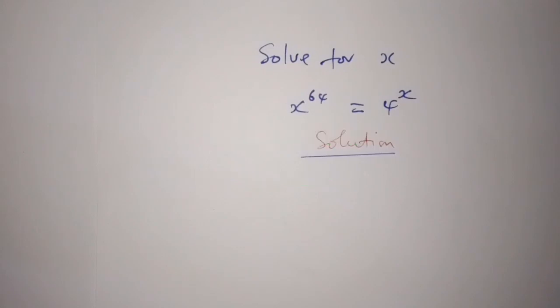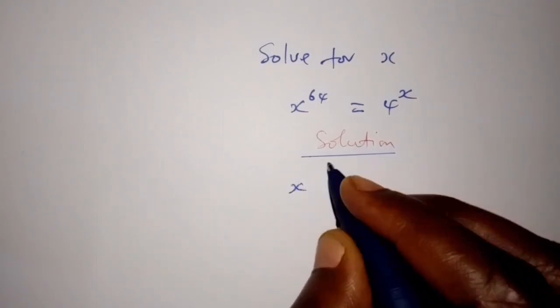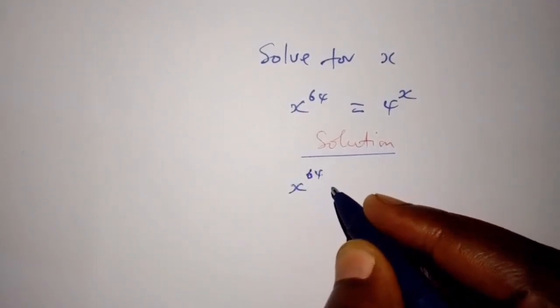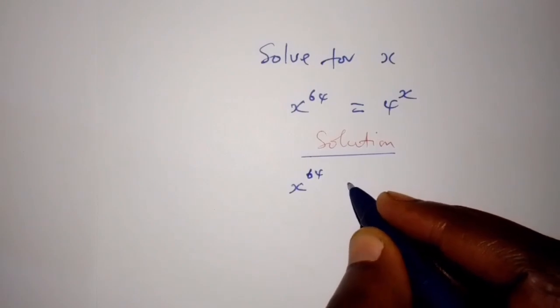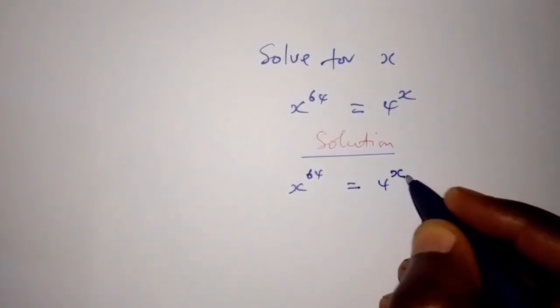Solve for x. x power 64 is equal to 4 power x. We are going to take power 1 over 64 on both sides. So x power 64 is equal to 4 power x.